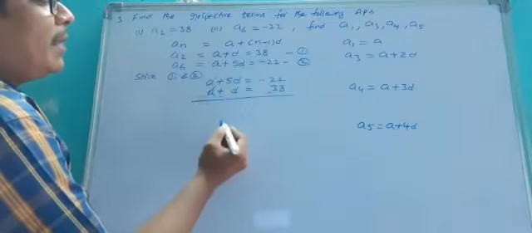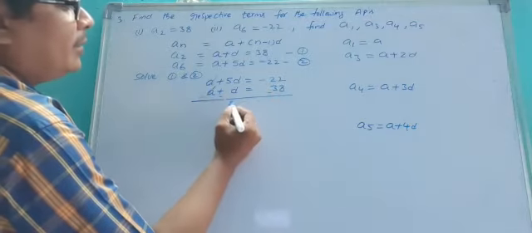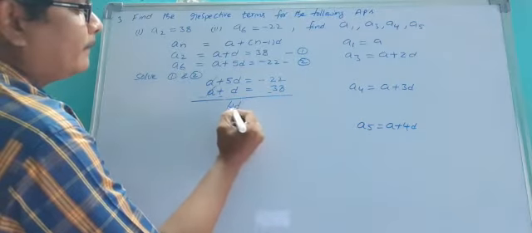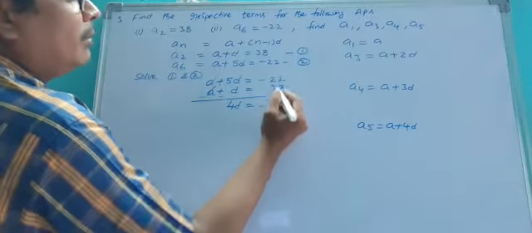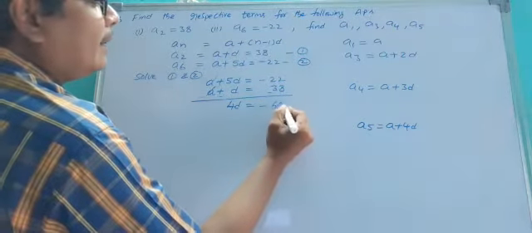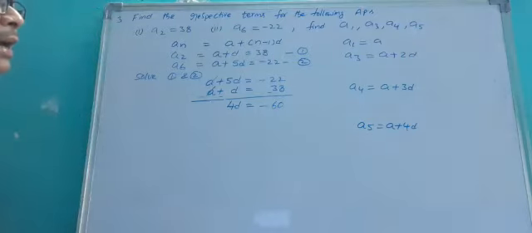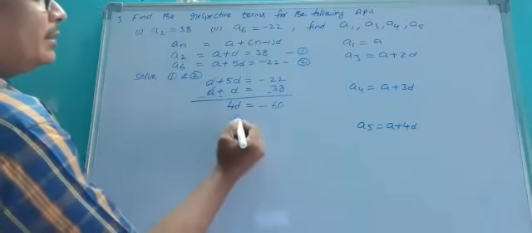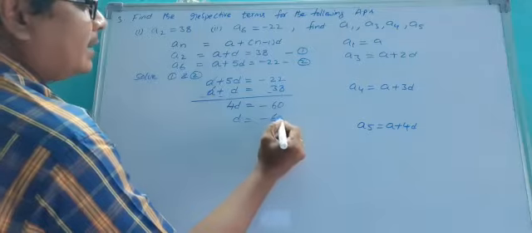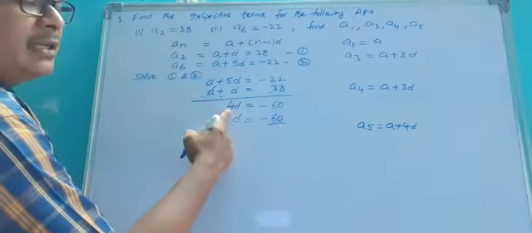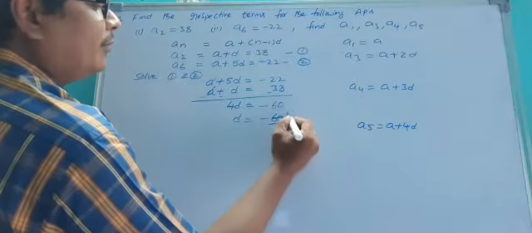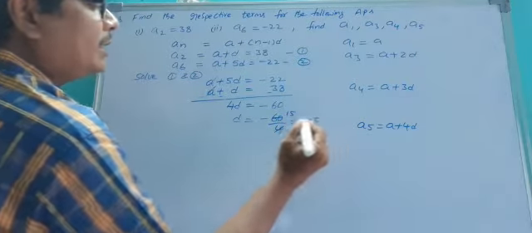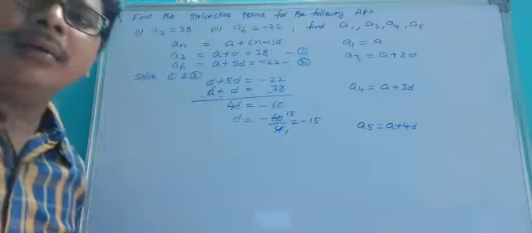So 5D minus 1D, that means 4D, equals minus 22 minus 38, totally minus 60. So D equals minus 60 by 4. 4 is multiplication, transposition gives division. 4 fifteens are 60, so D equals minus 15.